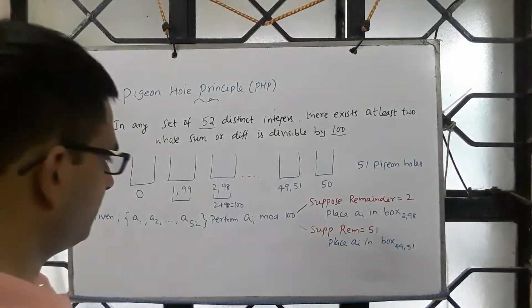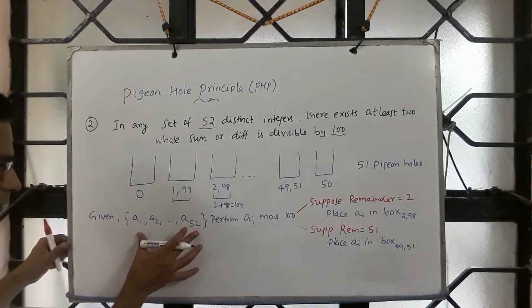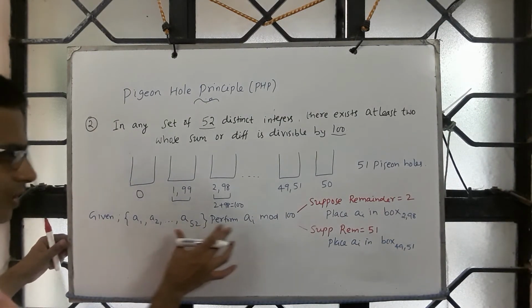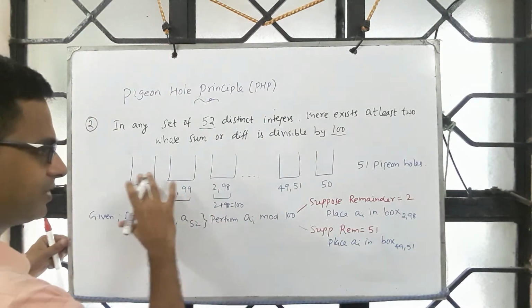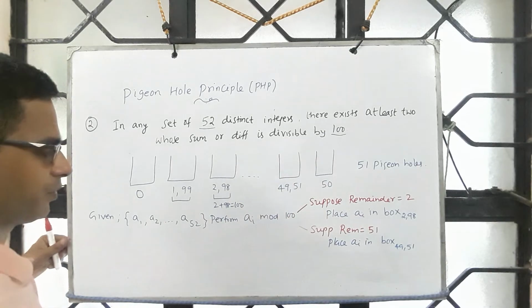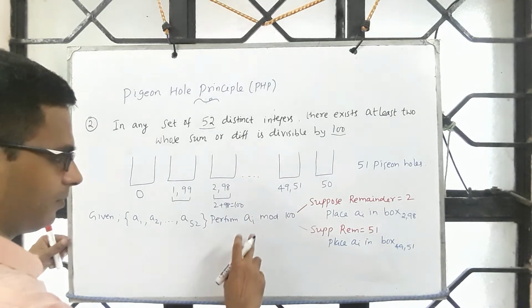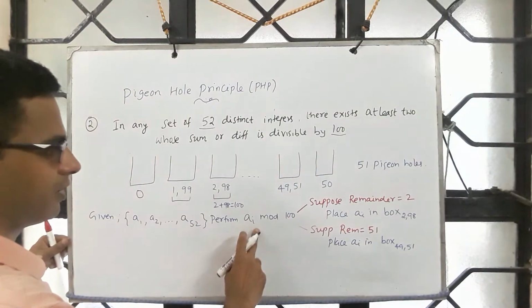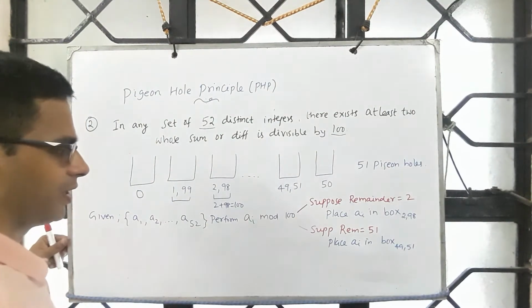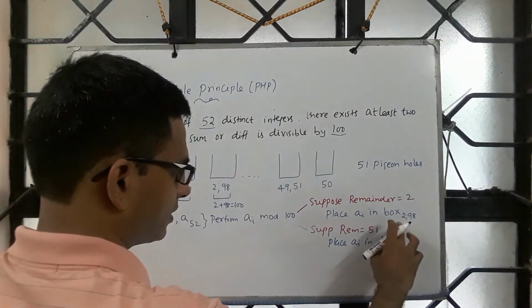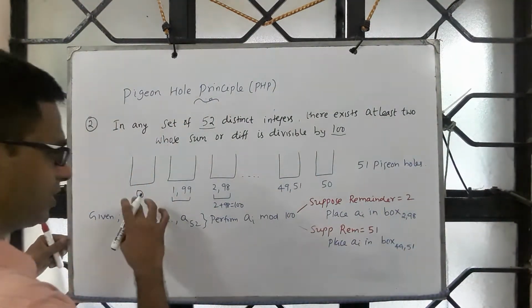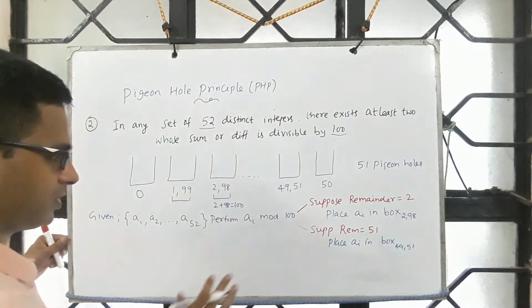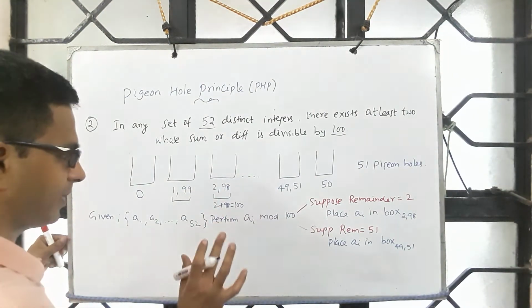So for every possible remainder, there is a box whose label is precisely that. So that's all. Our scheme is over. Now 52 PGNs follow this scheme and place them in the appropriate PGN pool and perform AI mod 100, and if the remainder is say 2, place them in this box. If the remainder is 51, you place them here, and every possible remainder is appearing, so 0 to 99 is captured.